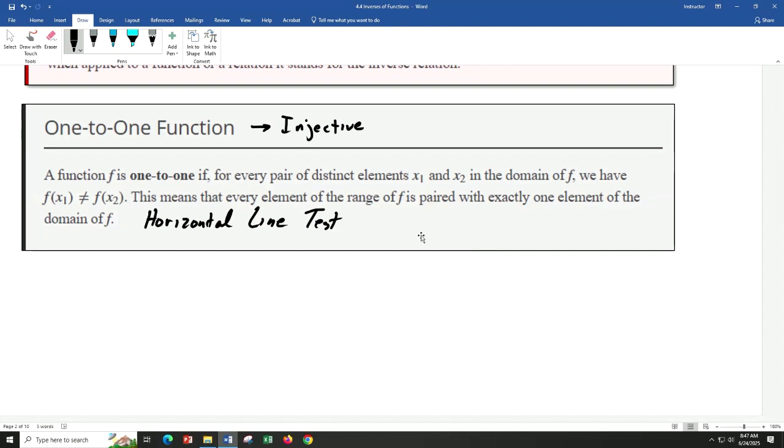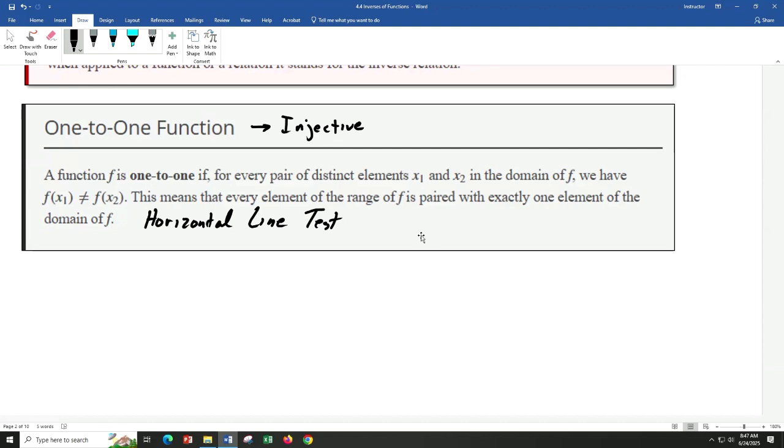You do not have a one-to-one function. Therefore, this function does not have an inverse, because whenever I turn it on its side, where it went across horizontally, it's going to go across vertically as well. And so without having to do any math, you can go, it didn't pass.